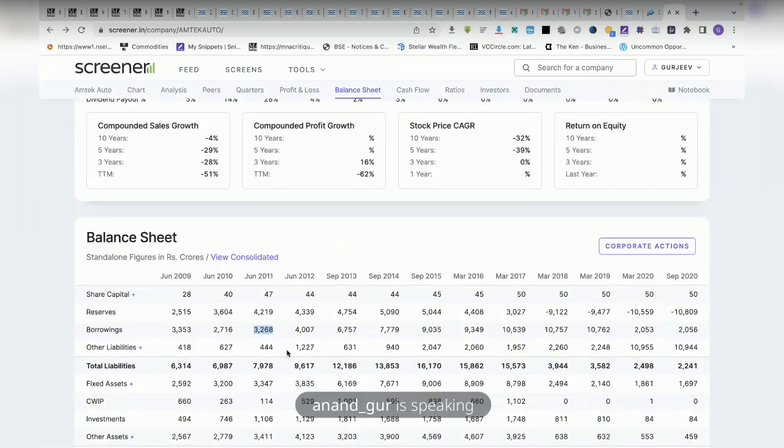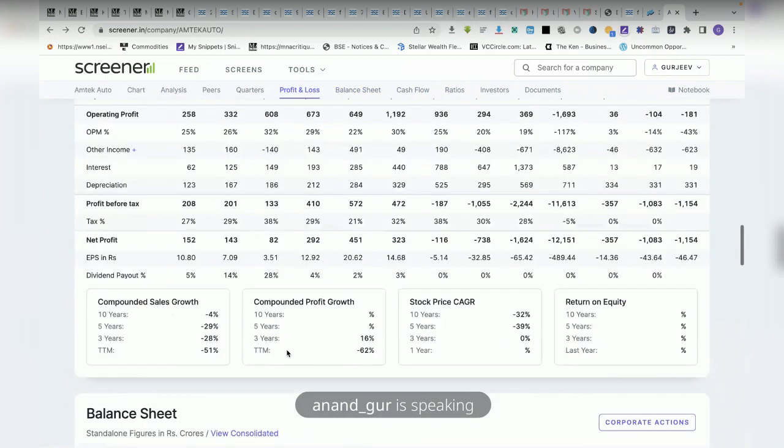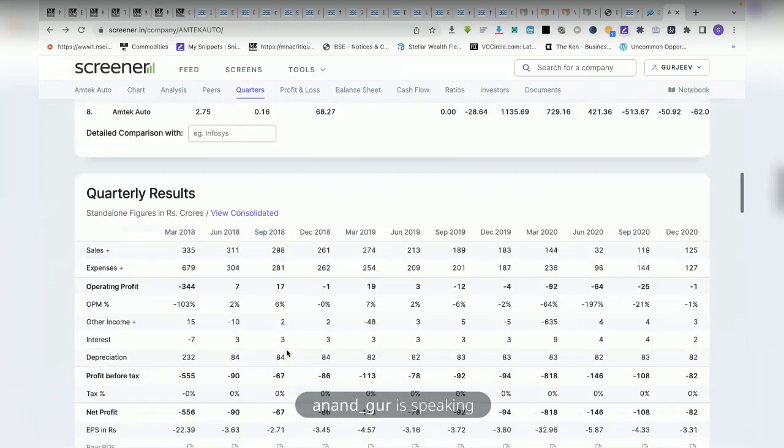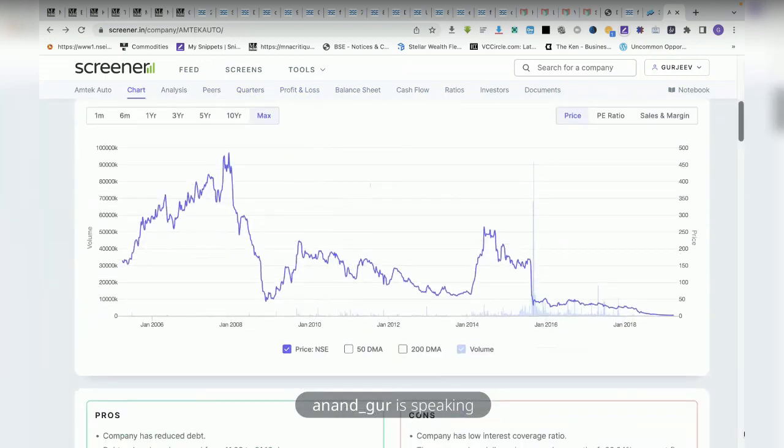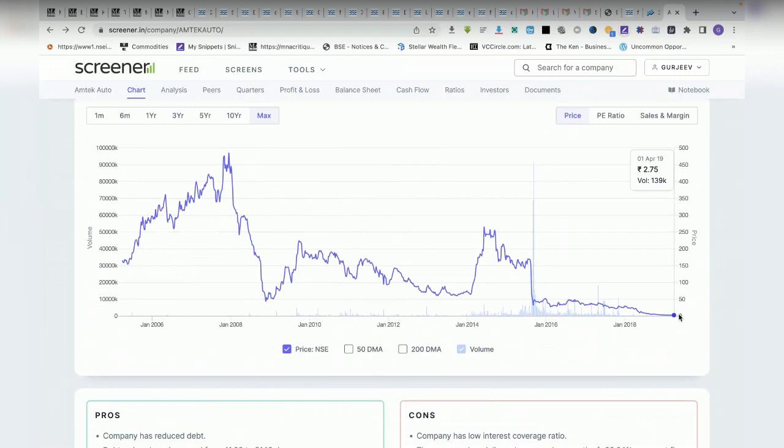My borrowings were more than 1.5x sales. So ideally, I could never have paid back these borrowings. And that is why my stock collapsed like anything. From a high of 450 rupees in 2008, and from a high of 200 rupees in 2010, the stock went to zero. Accounting jugglery, accounting manipulations.